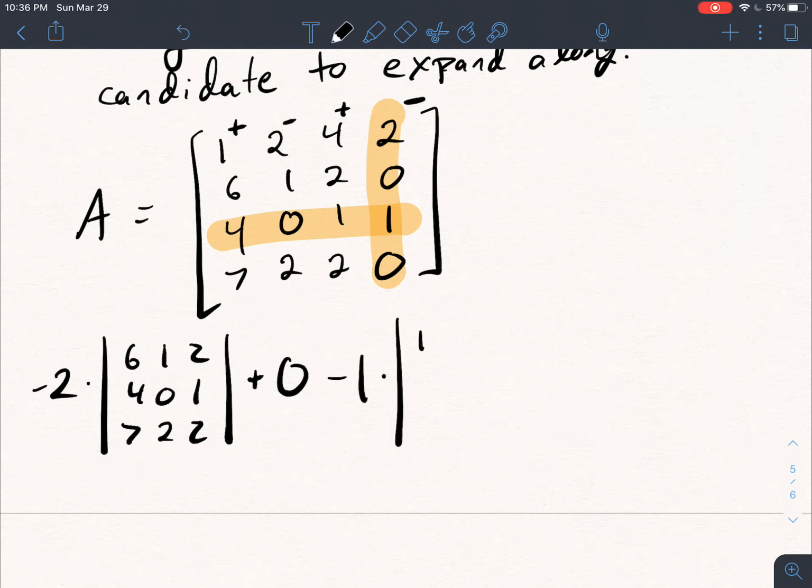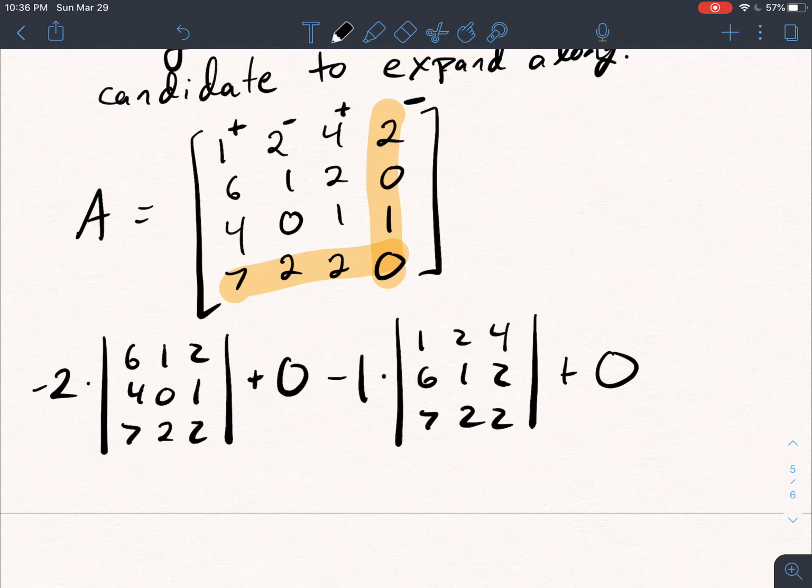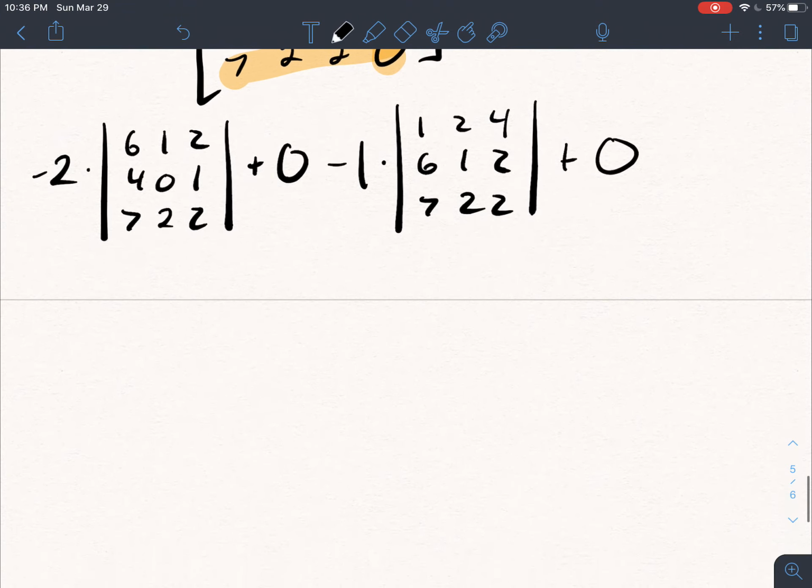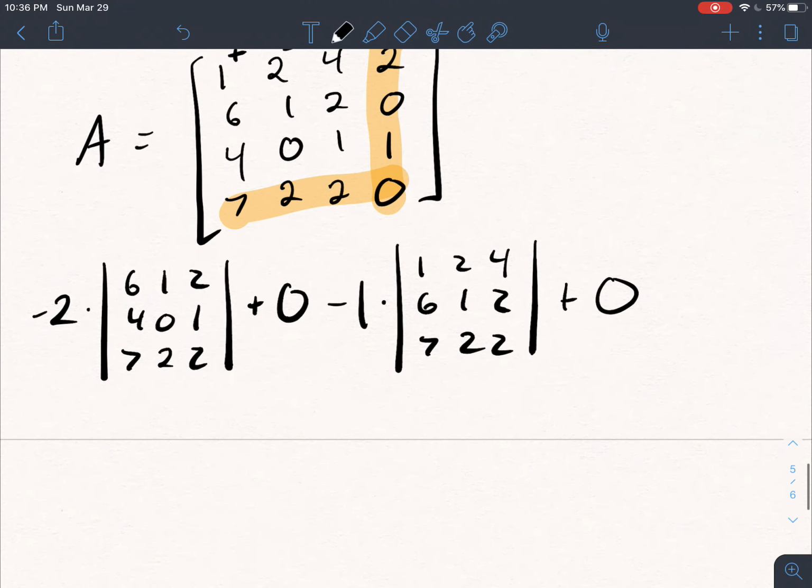And then I would do minus 1 times this determinant, 124, 612, 722, and then plus my last one, I would just have another 0 times the determinant of that submatrix. Okay, so we're not done yet. Now we have to iterate this again and figure out what the determinant of this and this matrix are going to be.